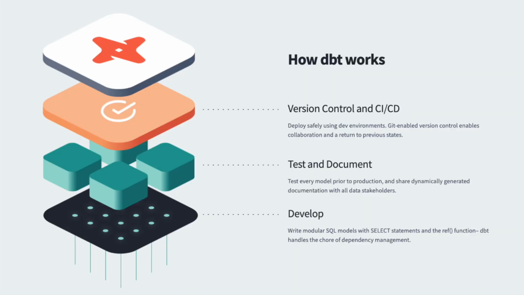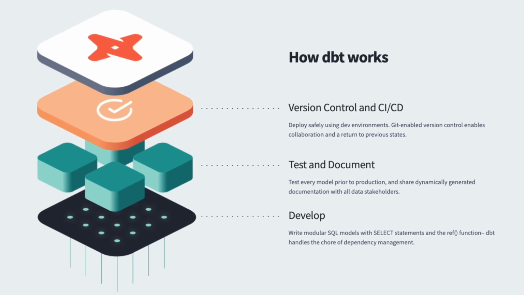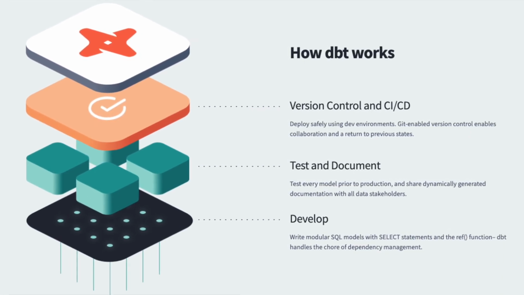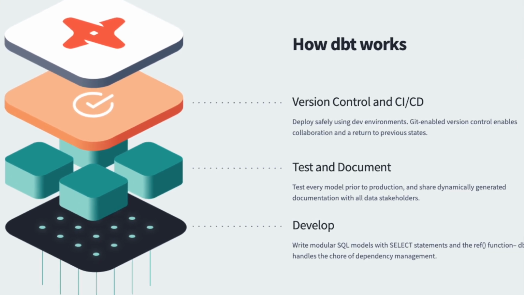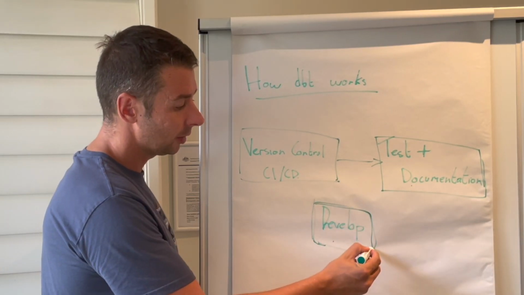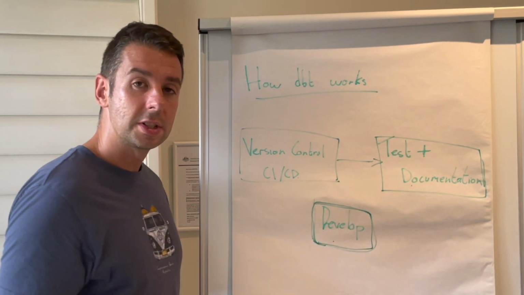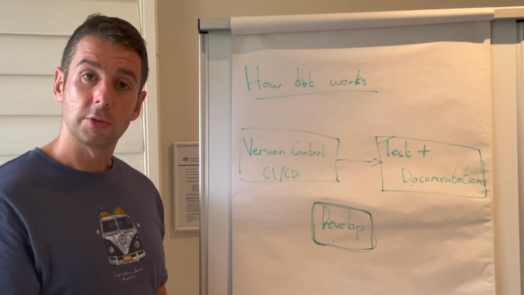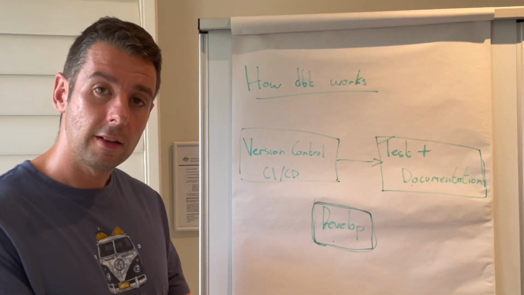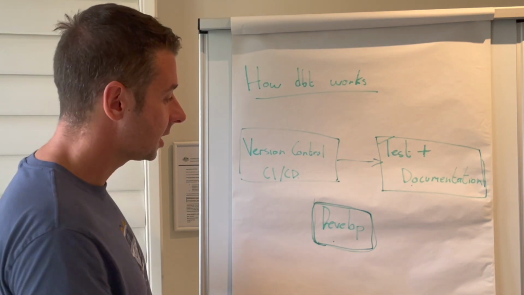So the three areas dbt plays in, and it really plays to the modern data teams in data ops world, where you've got small modular incremental developments written across the business, not just in the IT space with data engineers, but also out in those subject matter expertise areas scattered across the business.